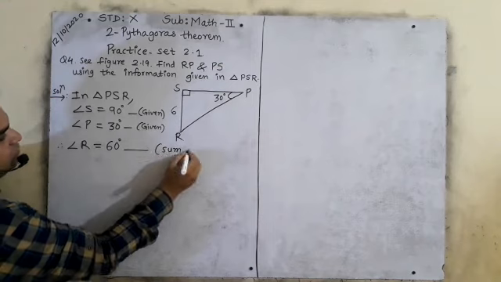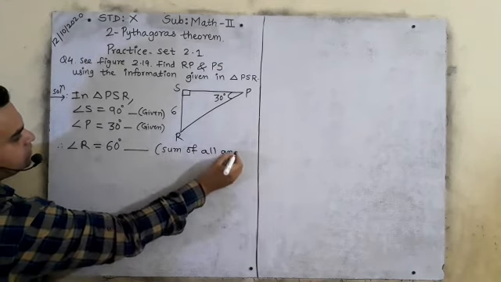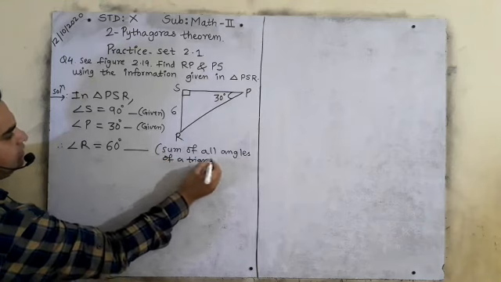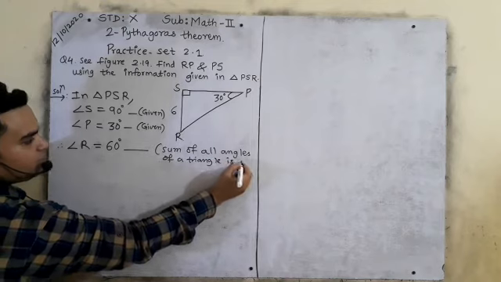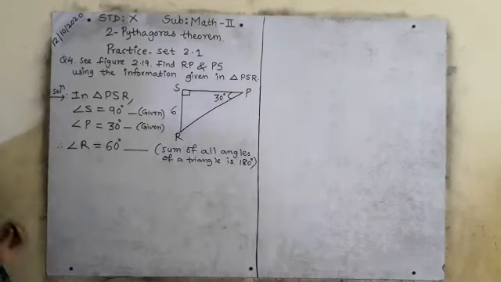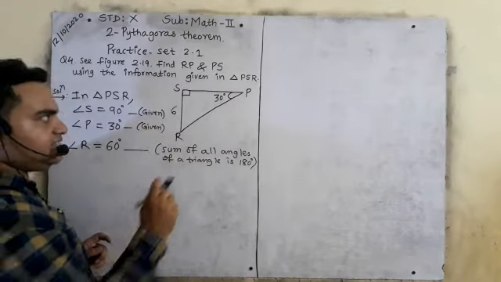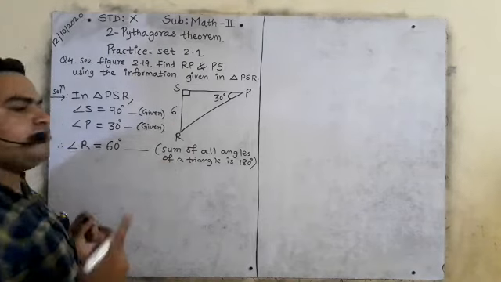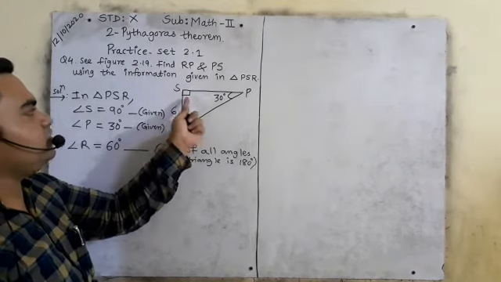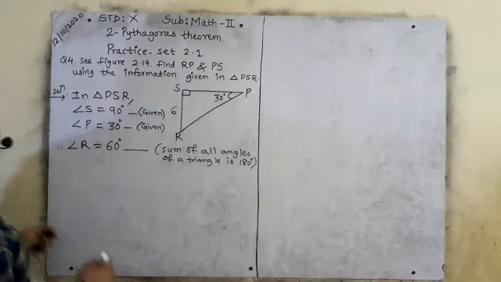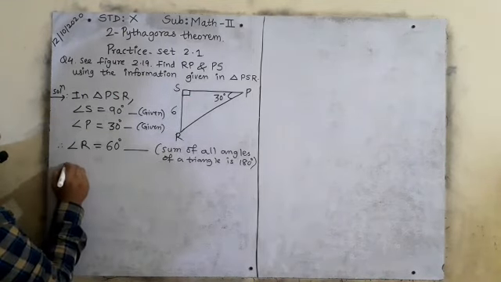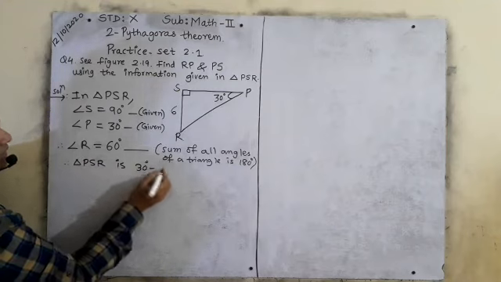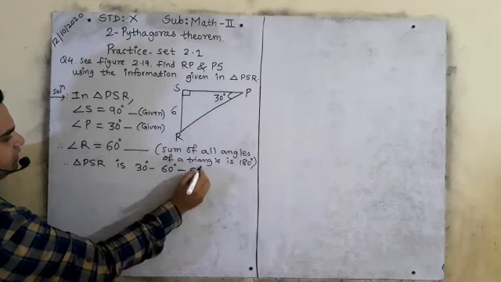You have to write: sum of all angles of a triangle is 180 degrees. Sum means addition. So this is 90, this is 30, that is 120, so R will be 60. Now you will write: therefore triangle PSR is a 30-60-90 triangle.